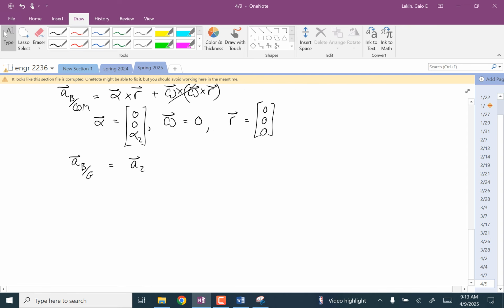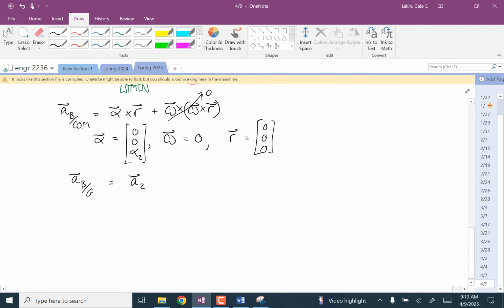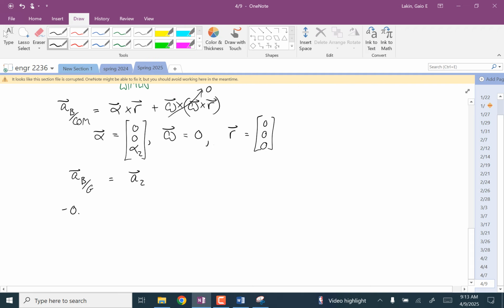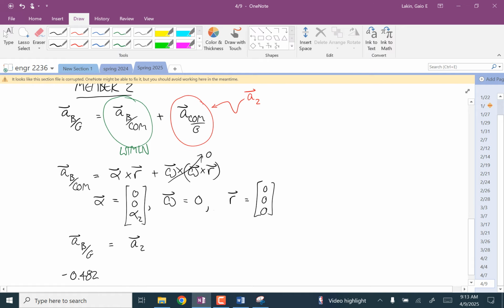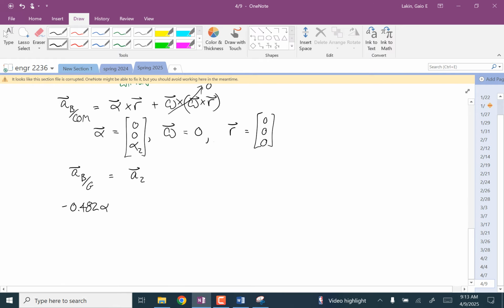And so now the constraint says negative 0.482 alpha 1, 0.575 alpha 1 is equal to a2x, a2y.